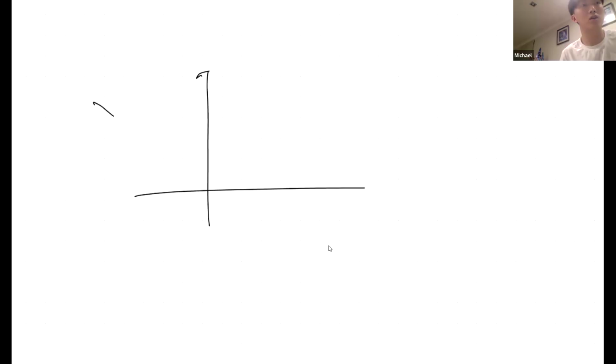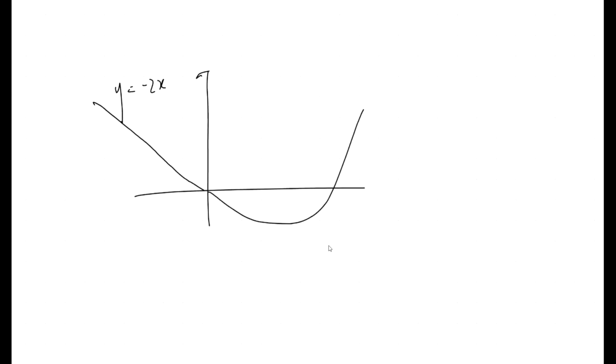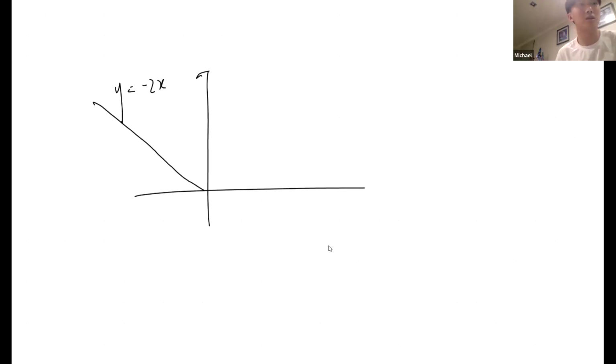Let's say this is y equals negative 2x. And then it goes up and becomes a quadratic, something like this. No, let's do an easy one. The quadratic like this, where the vertex is probably 1, 1. Or 1, 2.